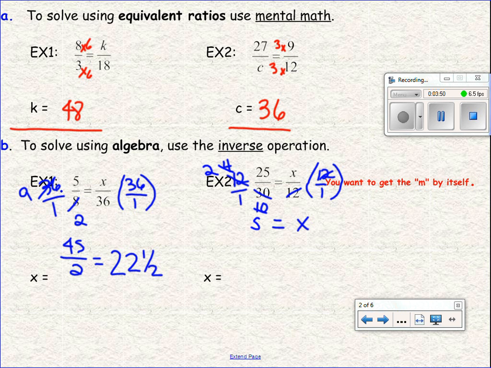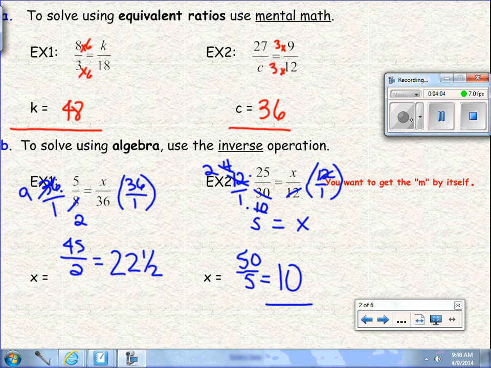So now I have 2 times 25 from my numerator, which is 50. 1 times 5, 5 from my denominator, x will equal 10. So in this page, we talk about two methods, using equivalent ratios and using algebra. Equivalent ratio is the same as mental math. Algebra, you use the inverse operation and you're trying to isolate the variable.